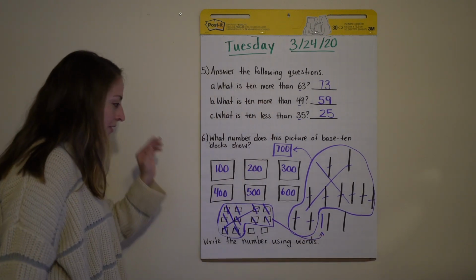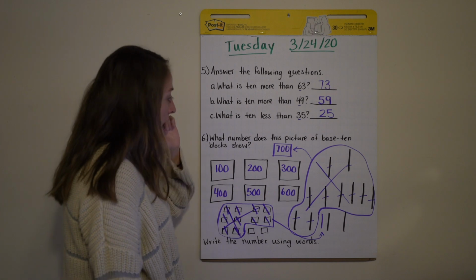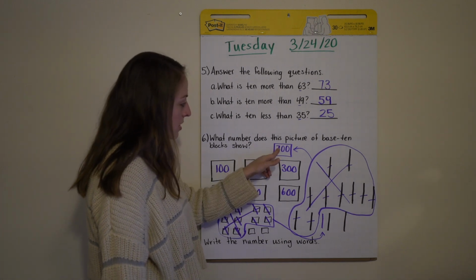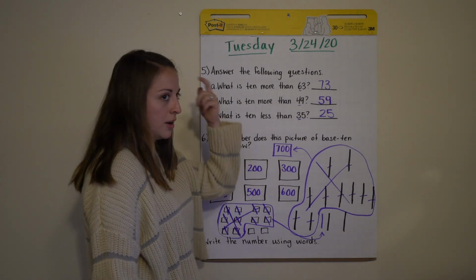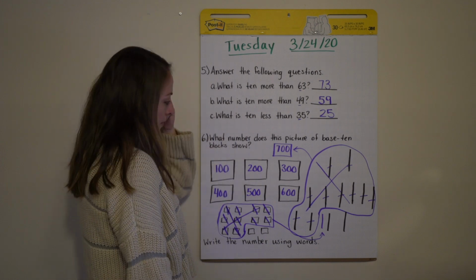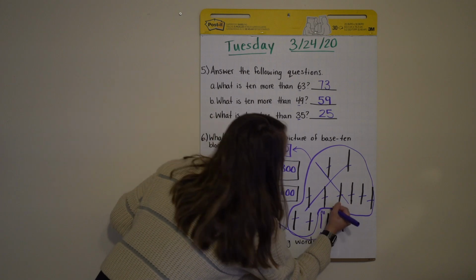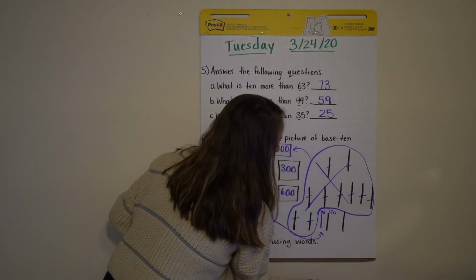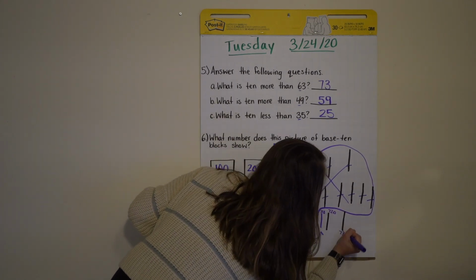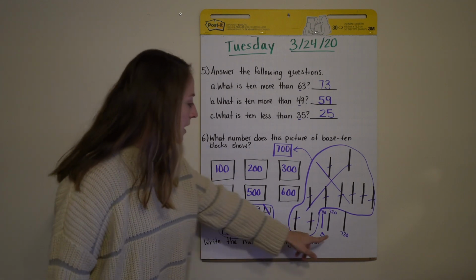Okay, so now I'm finished with the regrouping. The last number I wrote was 700, so now I'm going to count by 10, starting with 700. 710, 720, 730. Now I'm going to count by 1s.